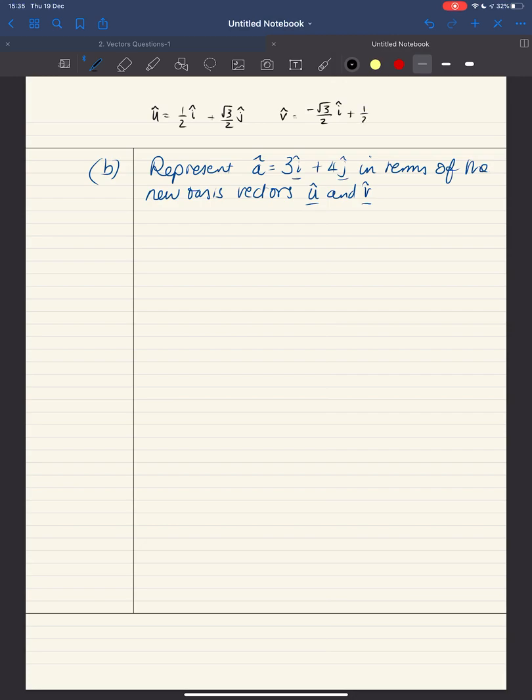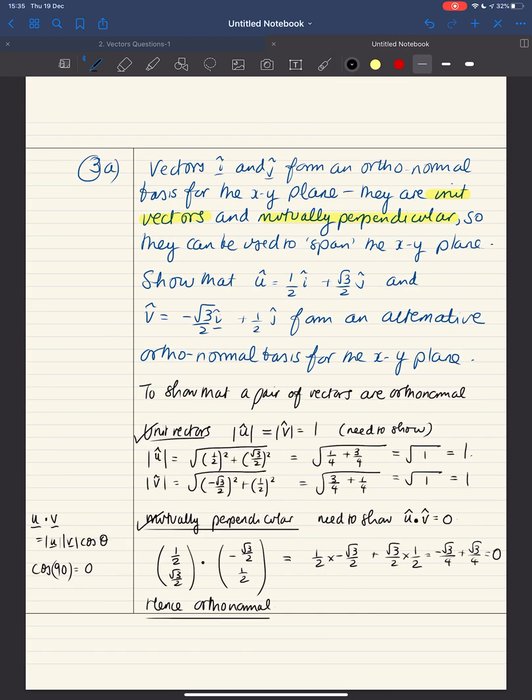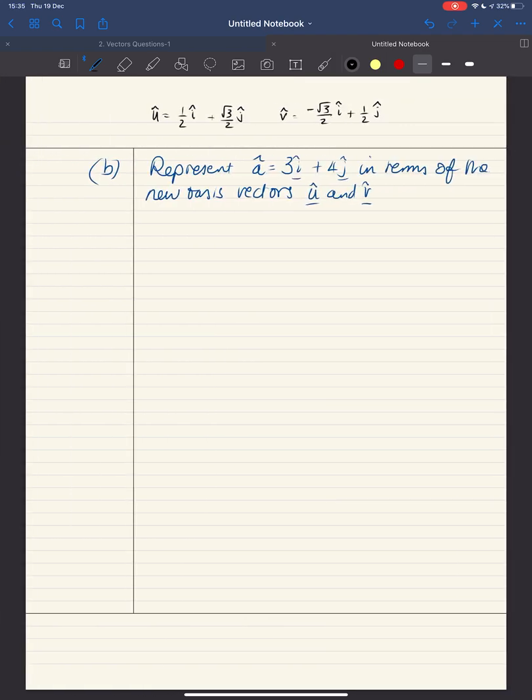Plus it'll be a half j. Okay. So what we can say, if a, which is 3, 4, a is going to be a multiple of u plus another multiple of v.